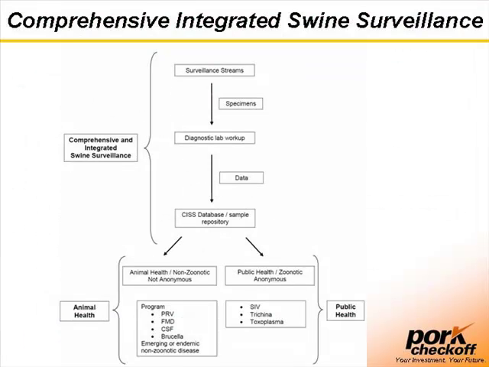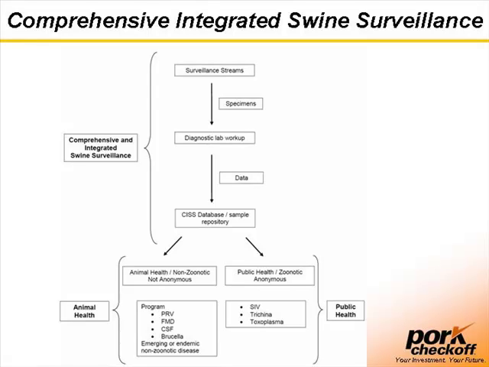This is one of the ways that the industry, and this is a chart that National Pork Board, National Pork Producers Council, and American Association of Swine Veterinarians have worked to develop. If you look at your surveillance streams, we've got multiple surveillance streams on the top. It could be abattoirs, it could be diagnostic lab samples, whatever. From there, the specimens would be collected, and there will be a diagnostic lab workup.